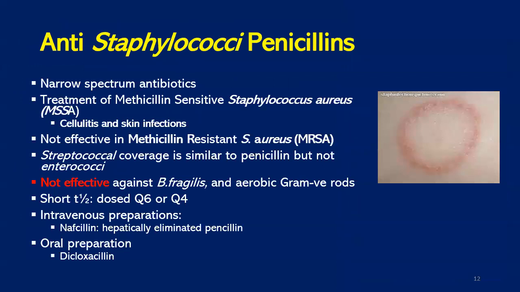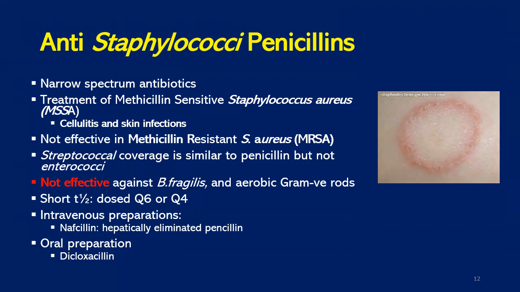Now then, a more advanced group was introduced, the anti-Staphylococcus aureus penicillins, which are considered narrow spectrum antimicrobials because they only tackle the staph. These agents could be used for treatment of cellulitis and other skin infections.